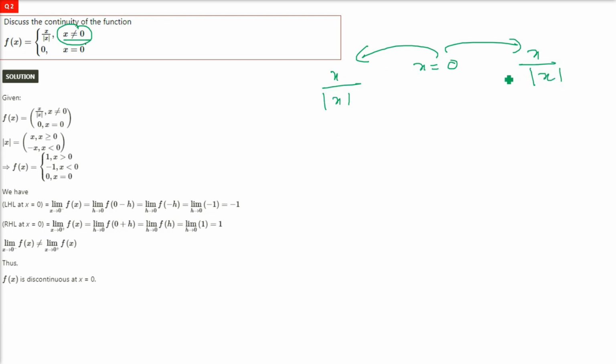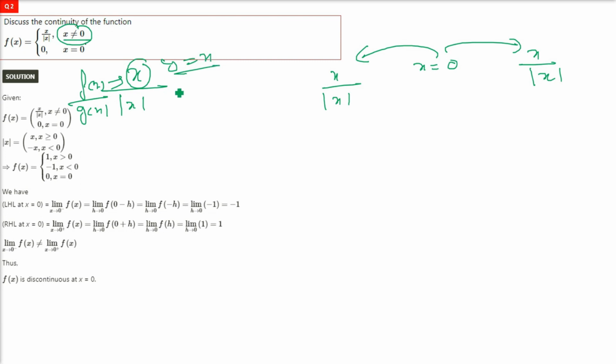Okay. Now when we just go ahead, just see that is x by mod x. Fx you can call it as x, gx you can call it as mod x. And individually this x, y equals x, we have just seen that this is continuous everywhere. Also the mod x is continuous everywhere.